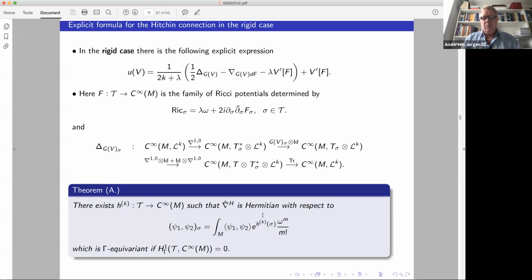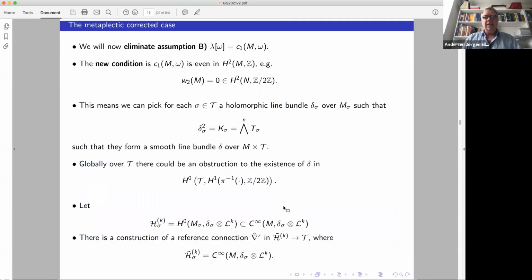And you can impose further conditions: if you know that the first equivariant cohomology with respect to gamma acting on T and M, of T with coefficients in smooth functions on M, is 0, then this will actually be a gamma-invariant Hermitian structure. Okay, that deals with this case.